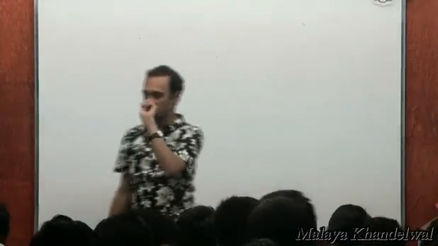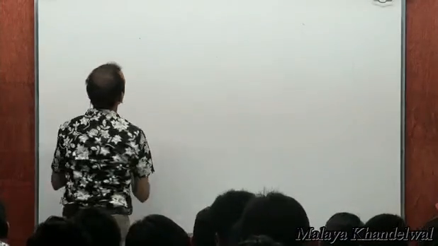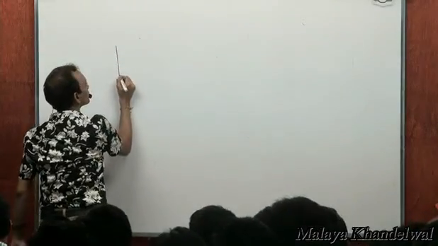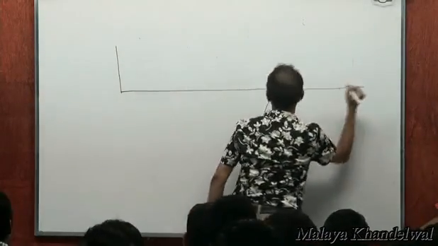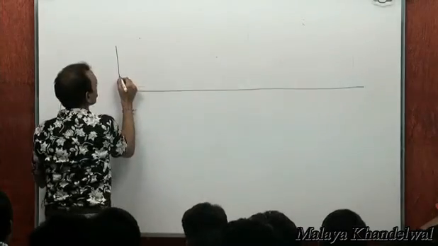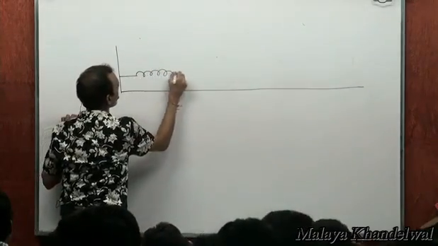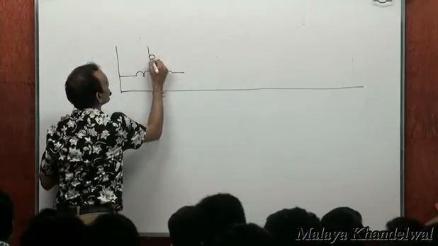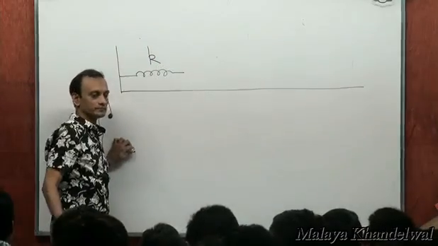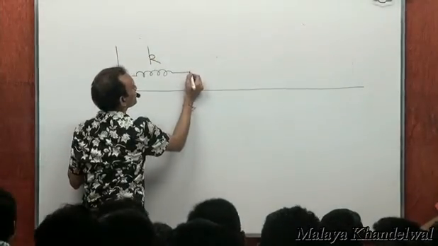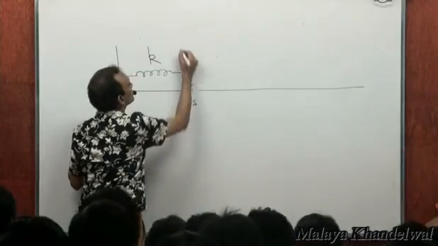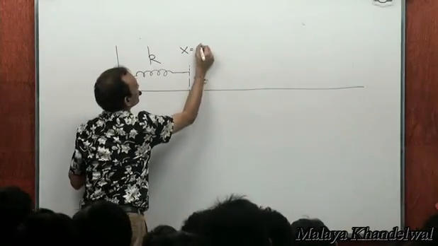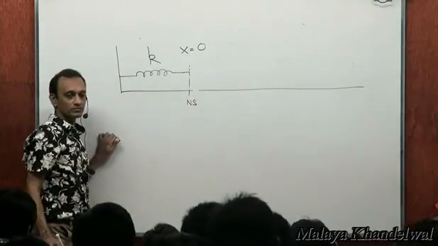Suppose a spring with force constant K, an ideal spring. This was the natural state of the spring. X was 0, elongation was 0 in this state.